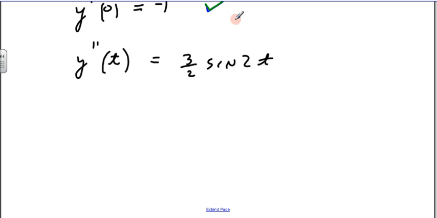Okay, well, going back to the original problem, someplace we have the original problem, who knows? The original problem said that x double prime plus 2x plus 4y is going to be 0.